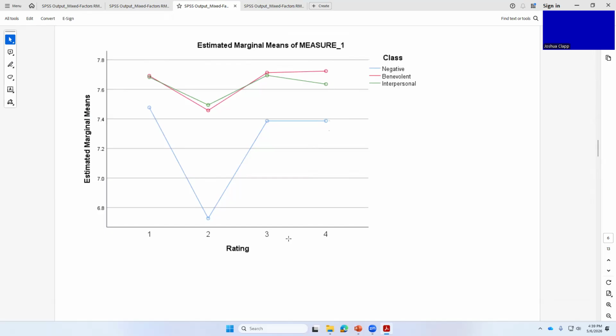And so if I'm being good, I probably ought to be thinking about correcting for 12 comparisons here, just because exploratorily, that's what's going on in terms of teasing this apart. I took those 12 and reduced them down to 4, which is great because do I really need a statistical test to tell me if negative and benevolent are different for the first vignette, or the second, or the third, maybe the fourth, right?